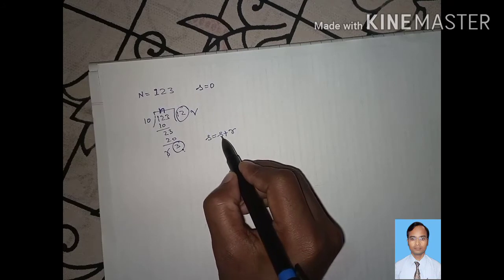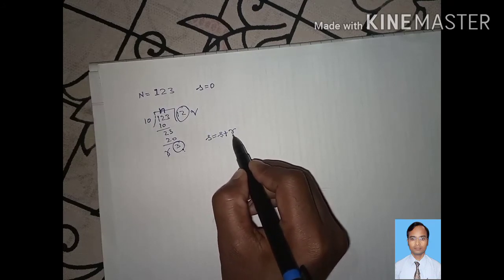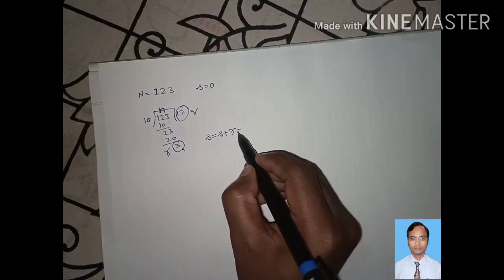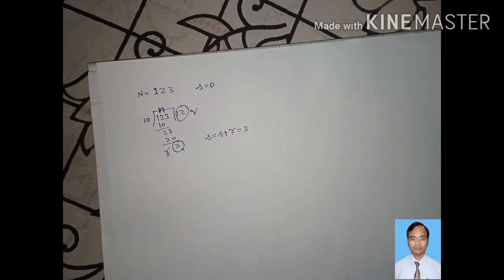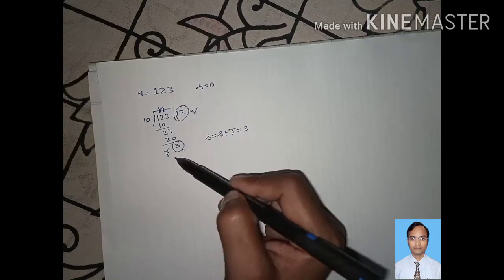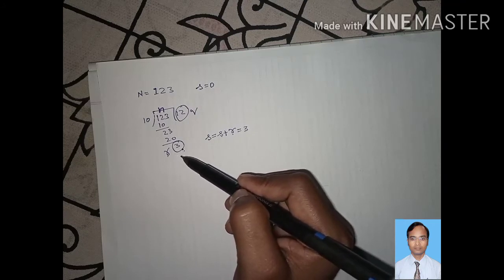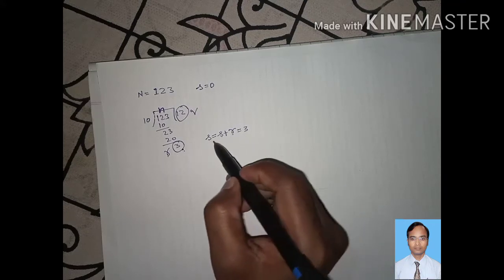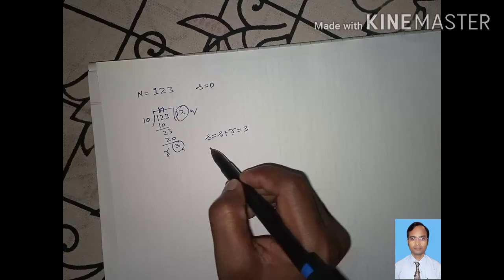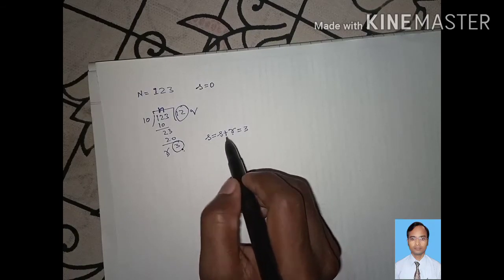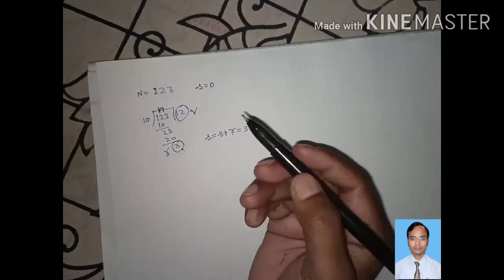Then we will get 0 plus 3. s will be 3. Here you can see your last digit is separated and the calculation is done with that separated digit. But this is only one digit.